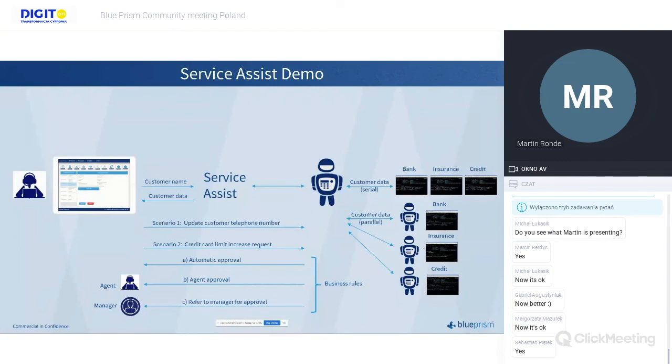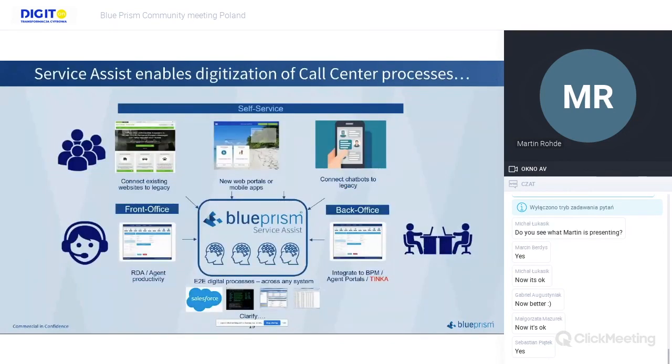These are the main topics where it's very important, with this special focus for the call center space regarding the time on this topic. So what's very important, we have this focus on the front office, as I mentioned. We can integrate in an existing website.